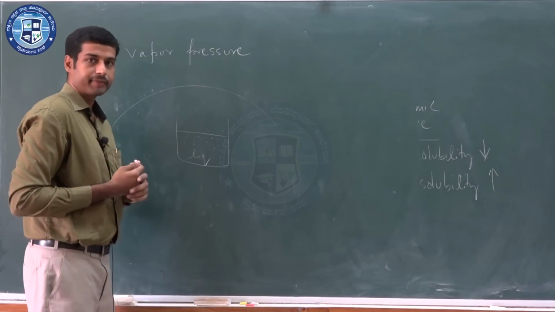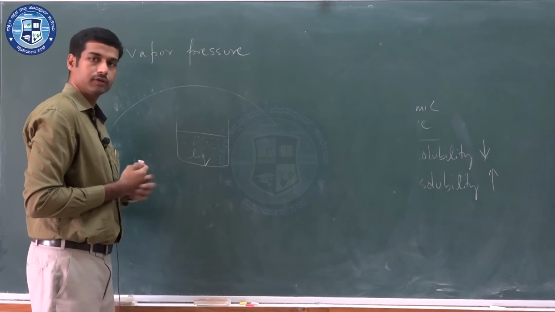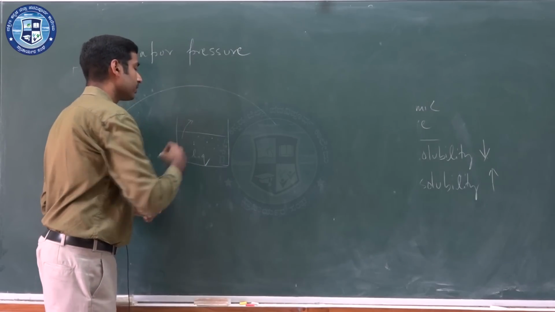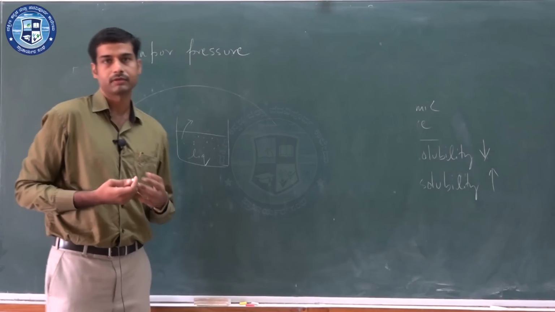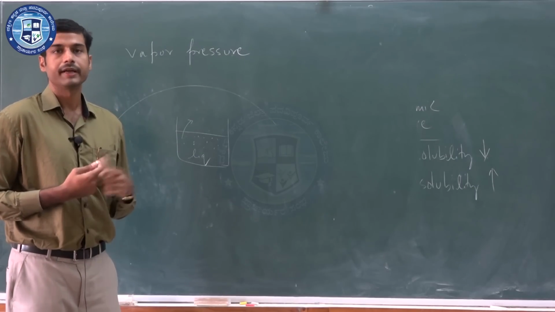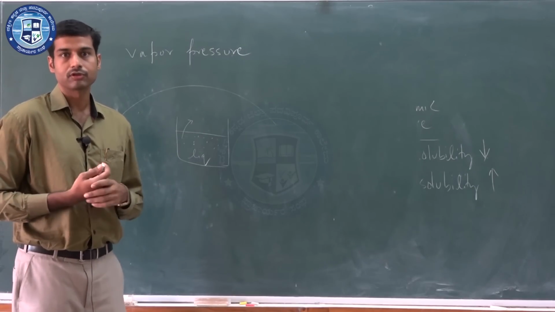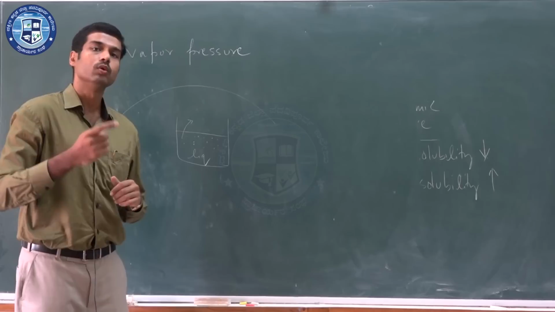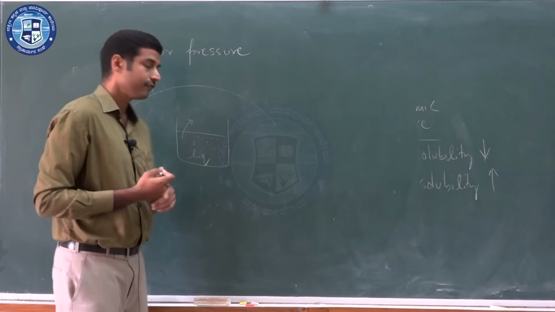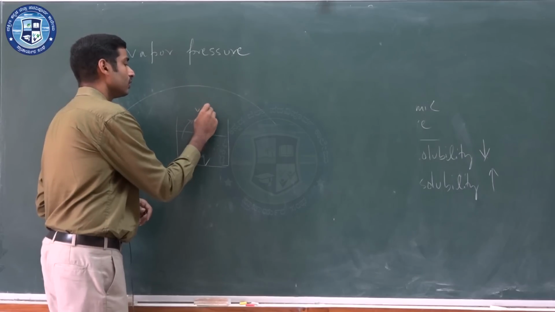Now, at any given temperature, some number of liquid molecules will go into the vapor phase. Why does this happen? You have got liquid molecules colliding with each other, and during collision some of the molecules might get enough energy to overcome the attractive force and will go into the vapor phase. So, this is the liquid phase, this is the vapor phase.